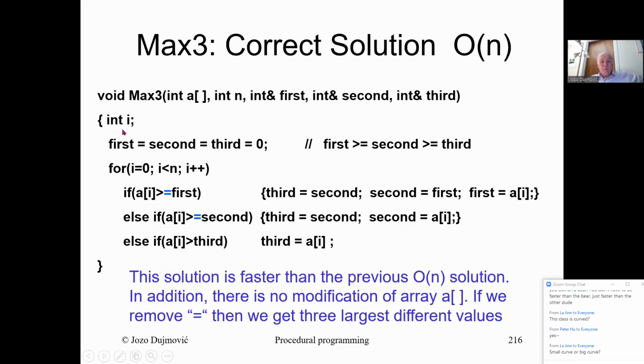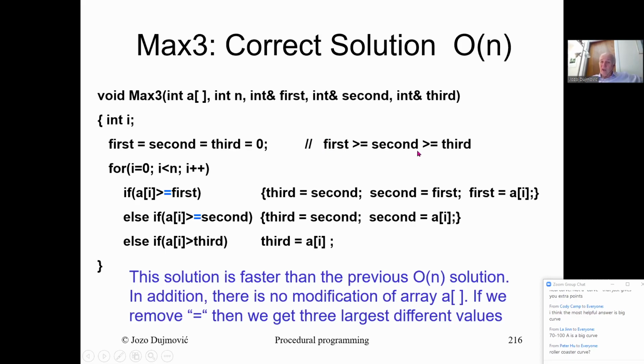And then where we have integer i index, I have the loop going from 0 through n-1. And then I'm taking this component A of i and saying, are you larger than my first component, which is the winner in this competition in this loop? And if you are, then I have to swap. So if I have the new first value, what has to be done?